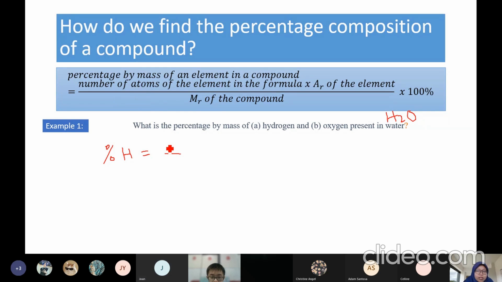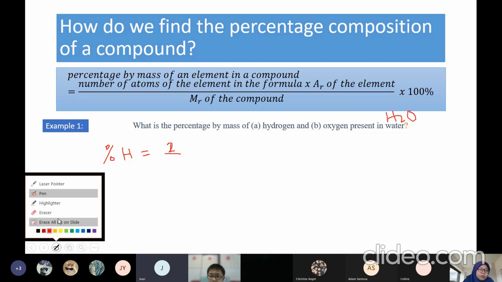How many hydrogen atoms? 2 times 1. There are 2 hydrogen atoms and only 1 oxygen atom. You need to write it completely.